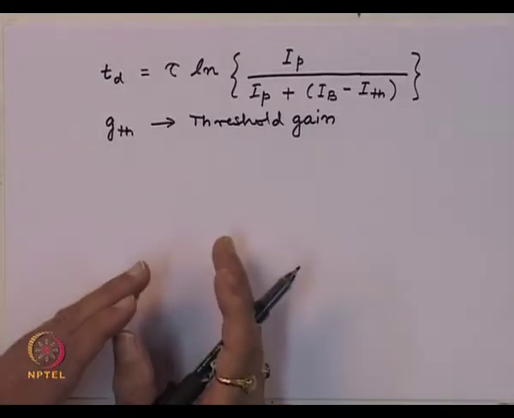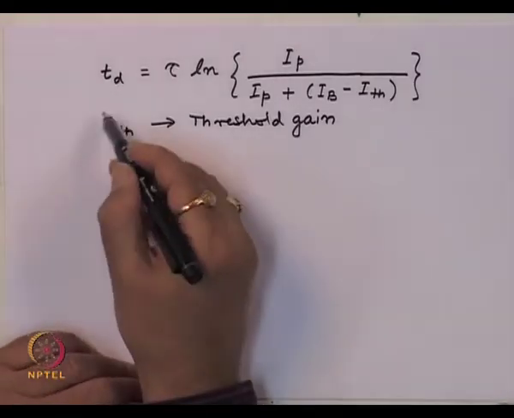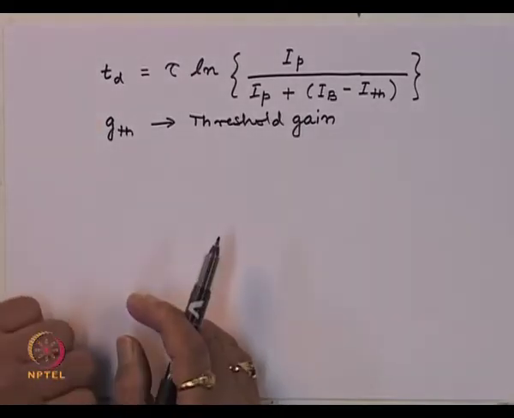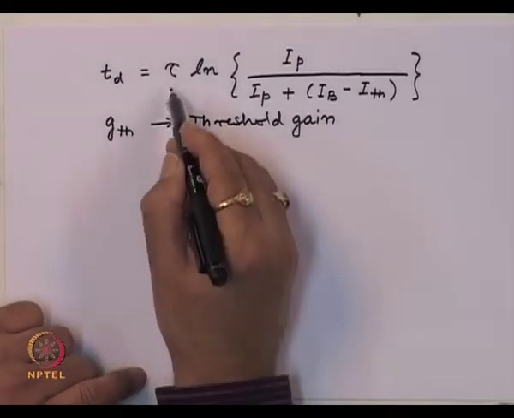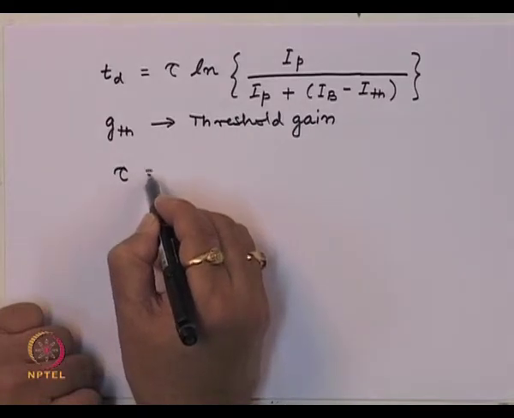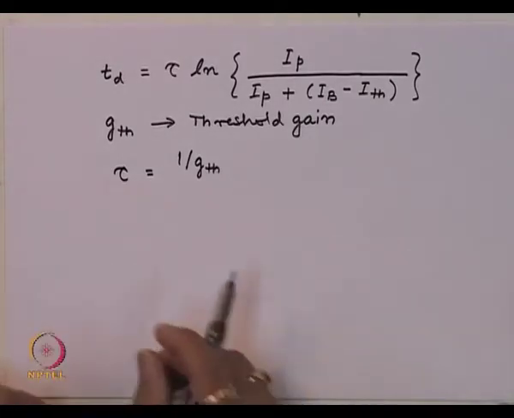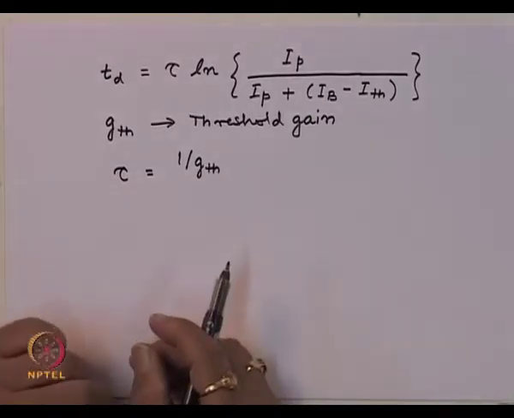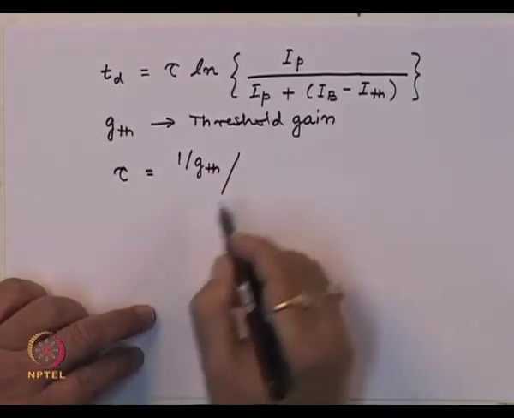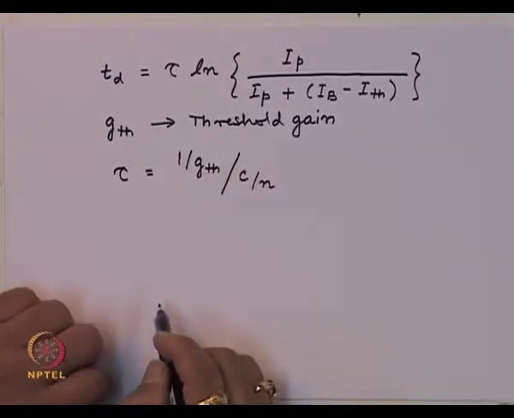So, essentially a photon remains inside the cavity for 1 over this quantity, that is approximately the distance which the photon travels inside the cavity. So, if I want to calculate the lifetime inside the cavity, this tau will be equal to 1 upon G threshold, which is the average distance travelled by the photon before it decays, divided by the velocity of light in the medium, which is c divided by n, where n is the refractive index of the material.